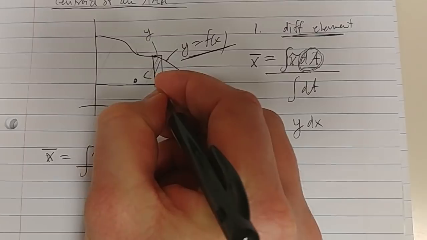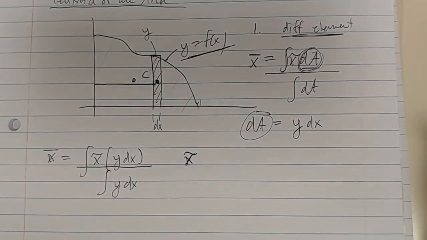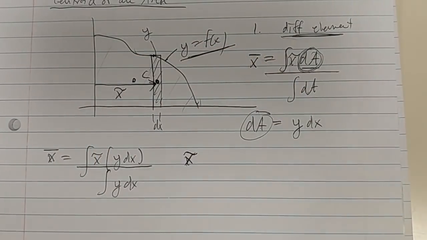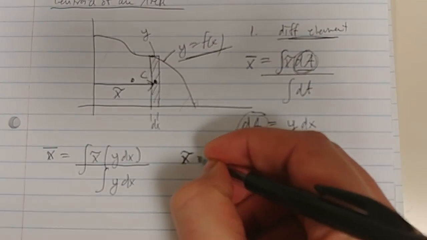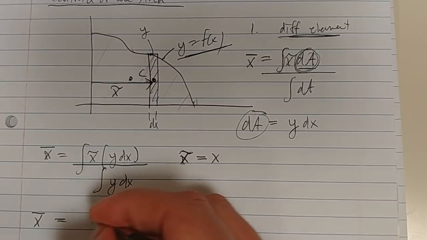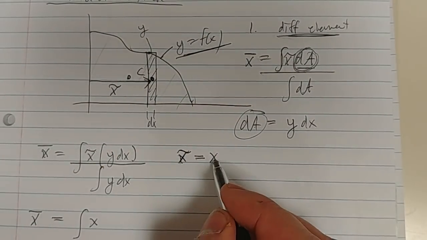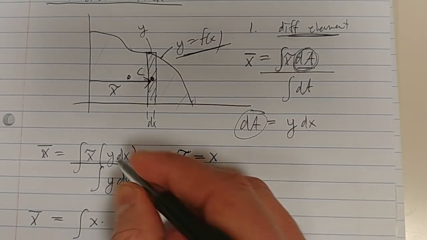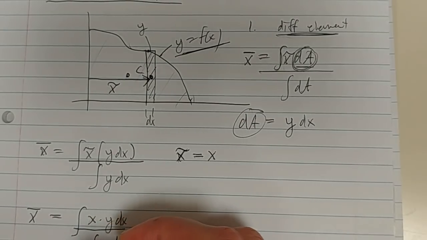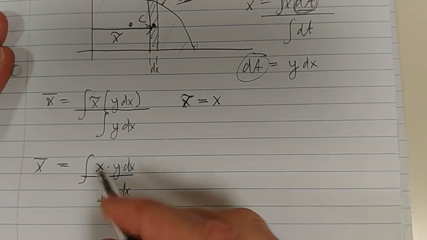So I need to first of all locate the centroid of the differential element. Because it's a rectangle, it'll be right there. Now I need to find what x tilde is. Well, in this case, it's simply equal to x. So my x bar is going to be the integral of x, because x tilde becomes x, times y dx, over the integral of y dx. But now we've got different variables, so we need to replace this.